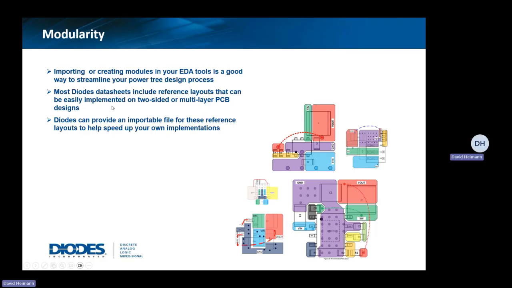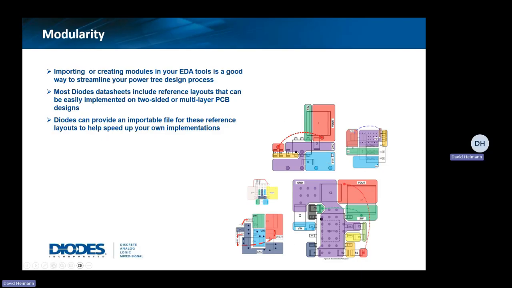So modularity is another thing I was talking about. It doesn't necessarily directly affect the efficiency, but when you're doing your power tree designs, what I show here is just a bunch of these reference layouts from our data sheets.